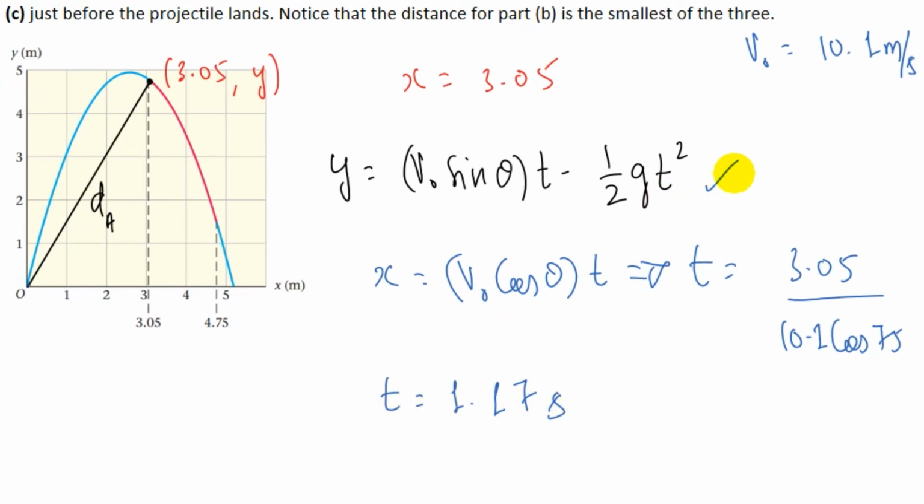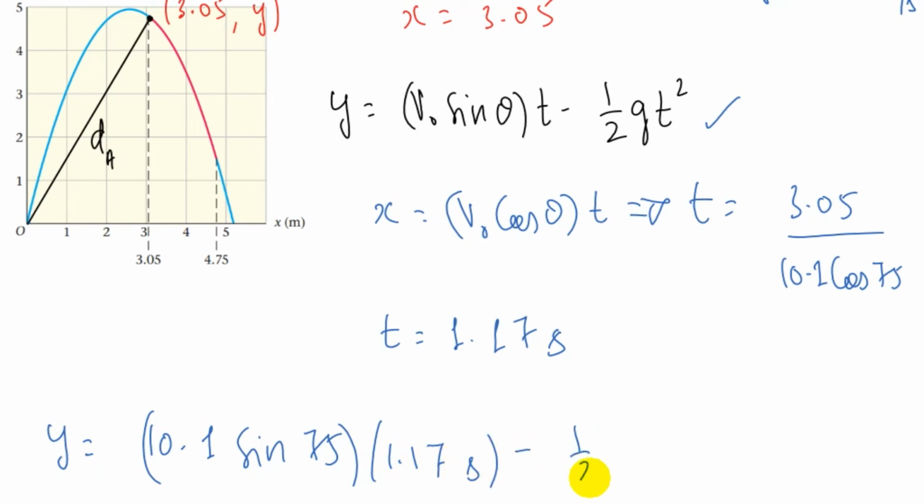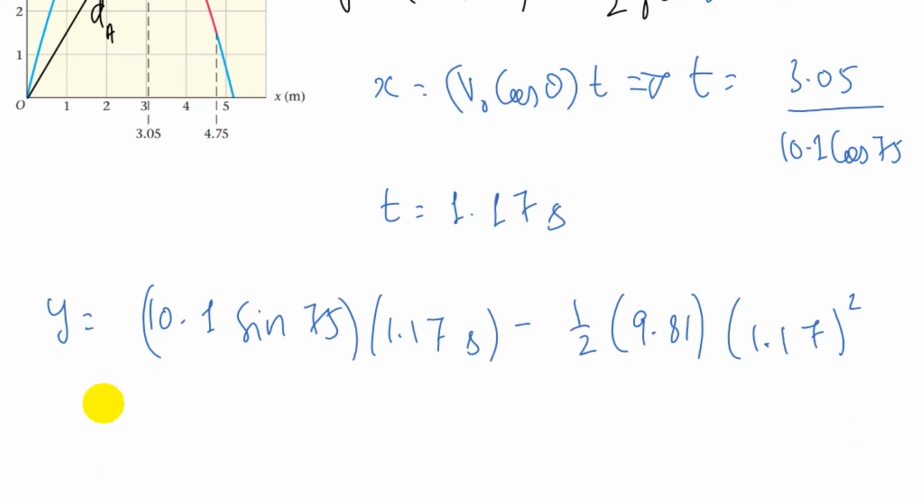Now put the value of t here. So y would be equal to v0 is 10.1, sine 75, t is 1.17 seconds, minus 1 over 2, g is 9.81, and t square is 1.17 and its whole square. Now from here this value of y comes out to be 4.70 meter.